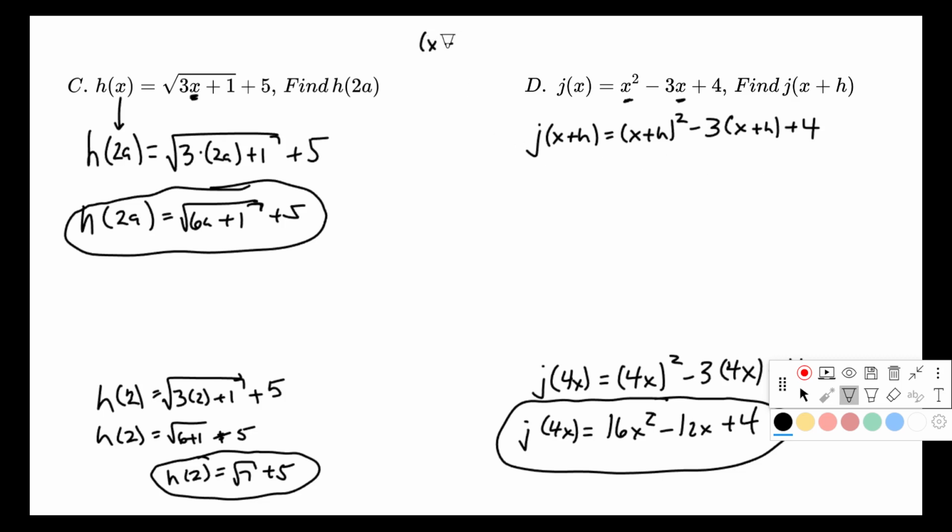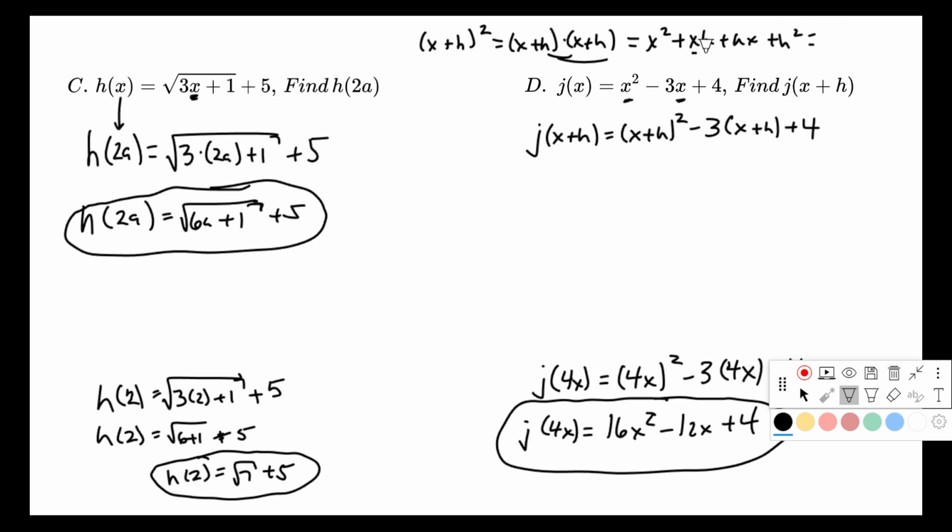So I have to do x plus h squared. Well, that means write it twice and multiply it. So I have to double distribute or FOIL. X times x is x squared. X times h is xh. H times x is hx. H times h is h squared.